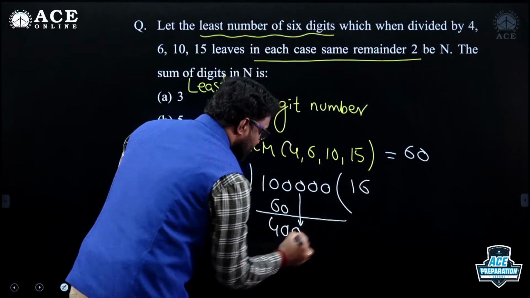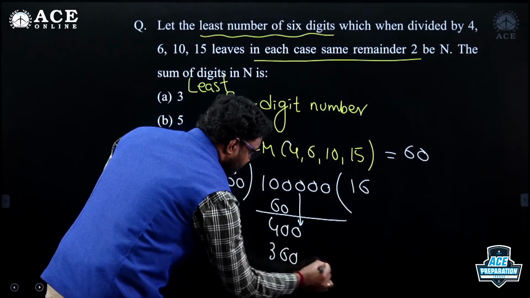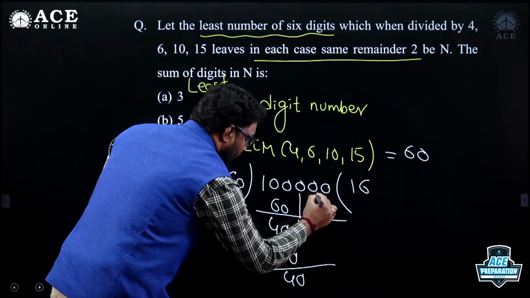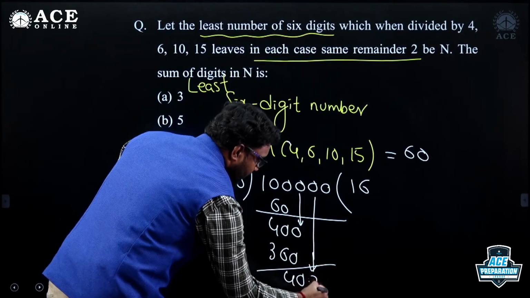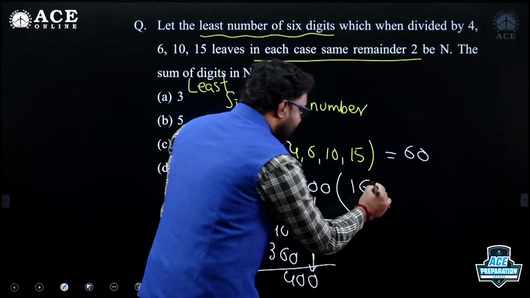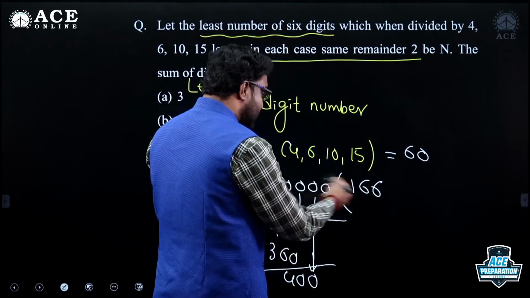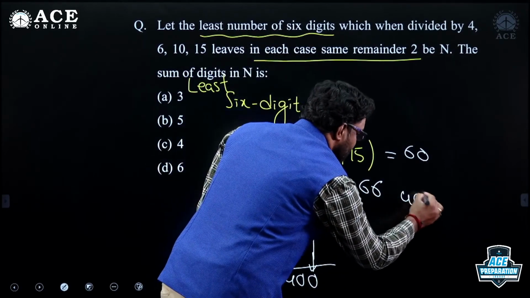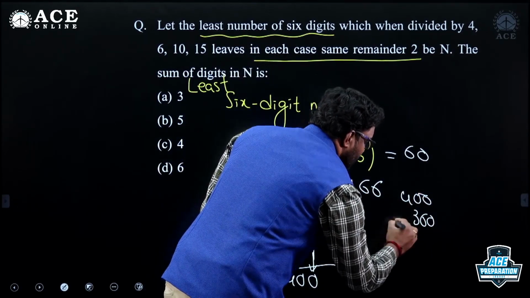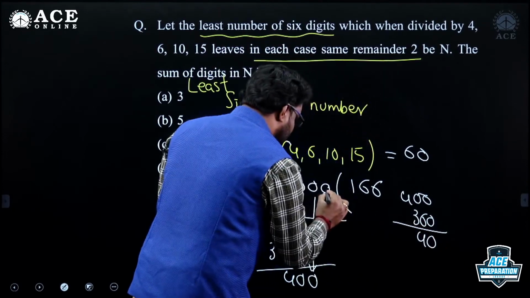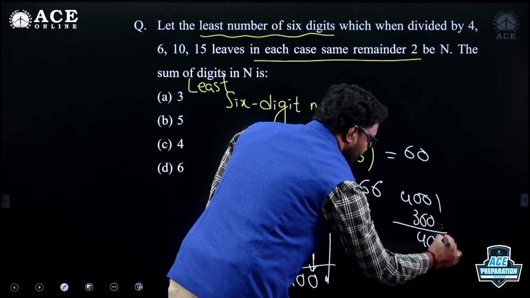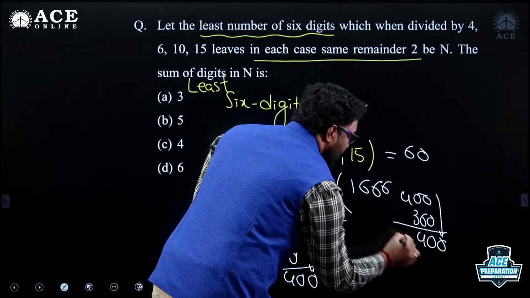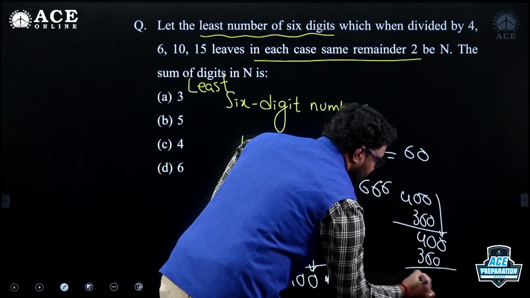Again 6 times 60 is 360, we get 40 remainder. We'll take one more 0. We have 400 now. Again divide by 60, 6 times, we get 360. You have 40 remainder, we'll take one more 0 there. So again 6 times, we get 360, my dear friends, 40 remainder.